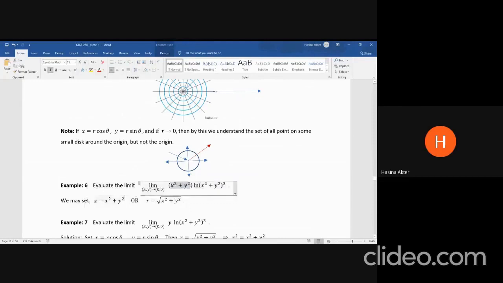If you see the variable factors, they are given in the same pattern, x squared plus y squared, x squared plus y squared. So it doesn't matter whether you set z equals x squared plus y squared or r equals square root of x squared plus y squared. Both will give you the same limit.